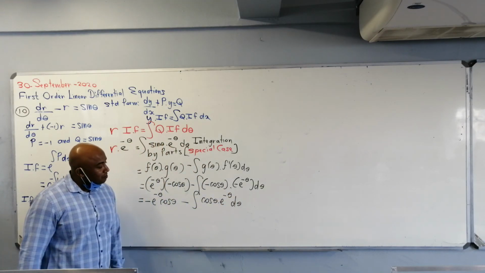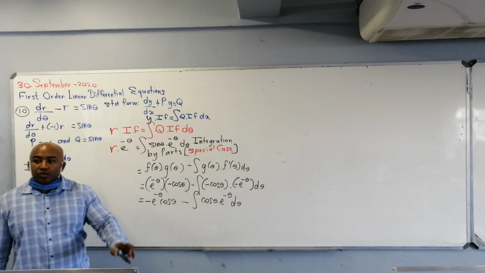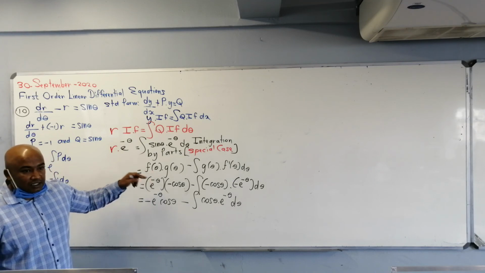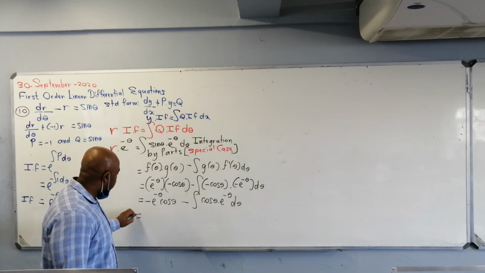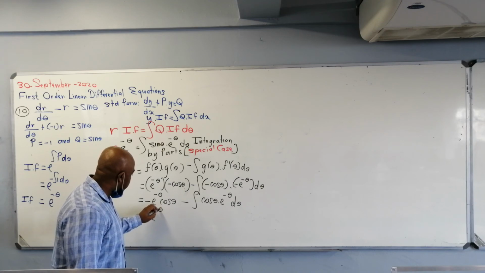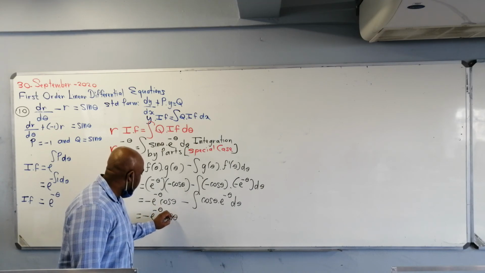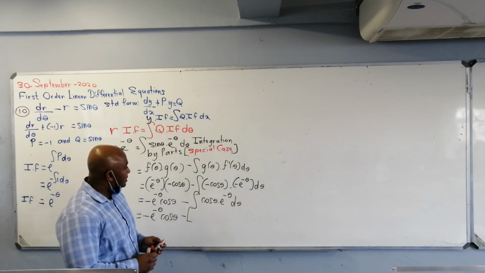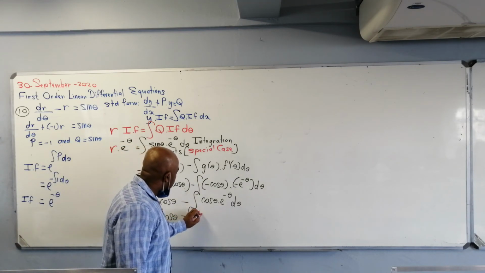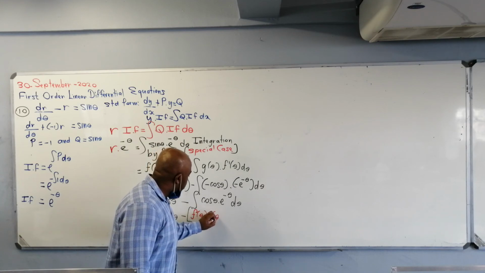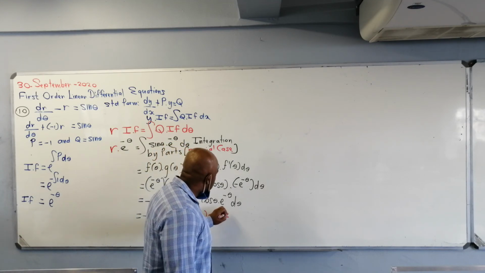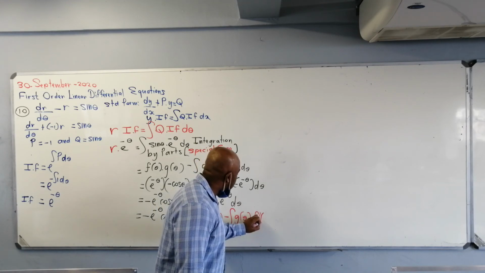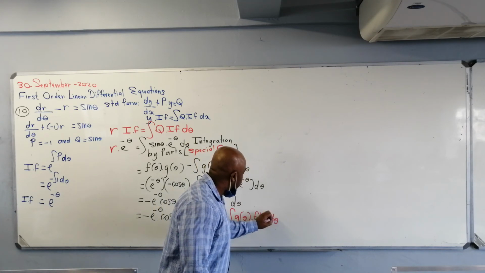Now, if you remember the special cases, we need to use the formula twice. We only used it once, so one more time. So let's copy down the formula again, which is f of theta g of theta minus the integral of g of theta times f prime theta d theta.